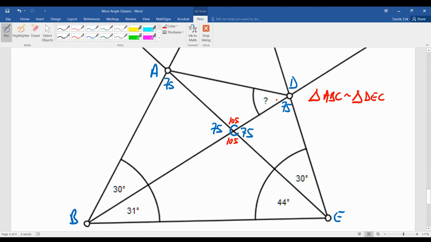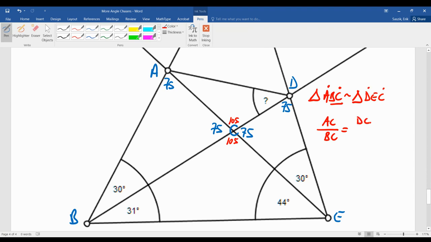I know we got to find this question mark up here. But you see, watch this. We're going to look at the letter pattern now. So we know AC is to BC. Well, that would match up to what over here?